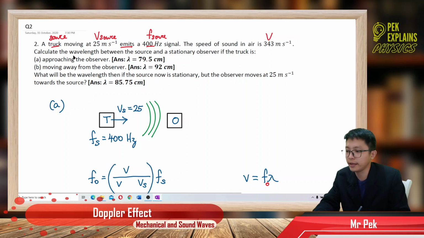Now we want to find the wavelength, lambda, between the source and the stationary observer. The observer is not moving.